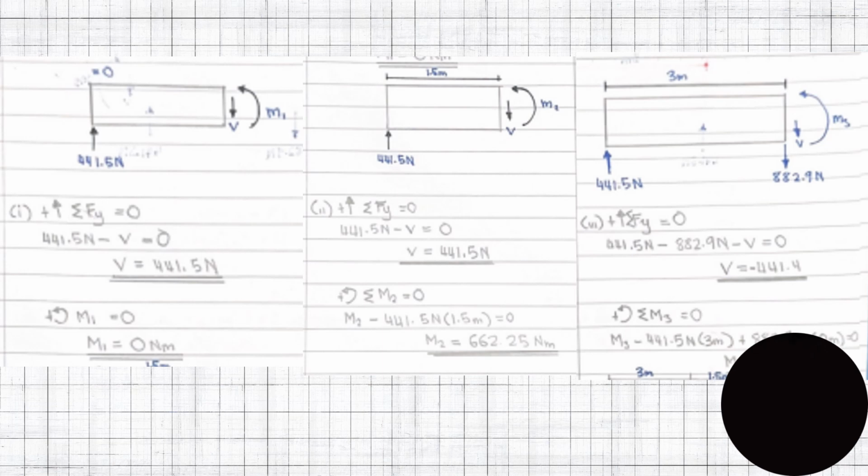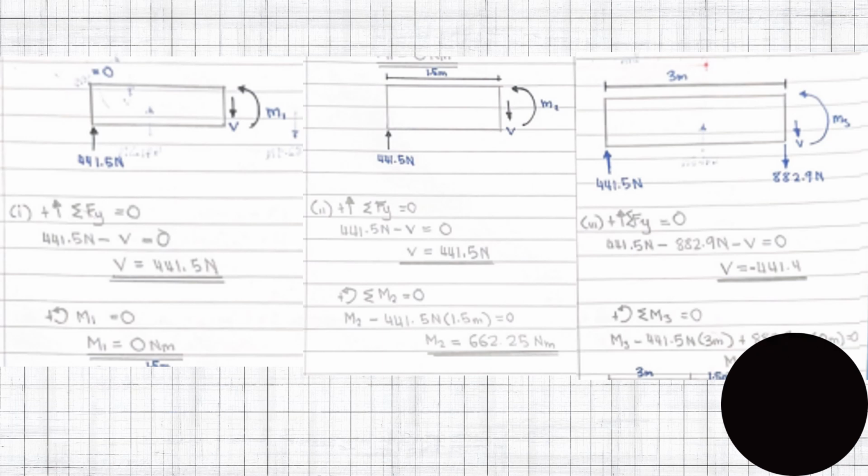For the last step, we also apply Fy equal to 0. When we look at here, there are 2 forces, and the perpendicular distance is 3 meter. The 441.5 Newton is moving upward, while 882.9 Newton is flowing downward.